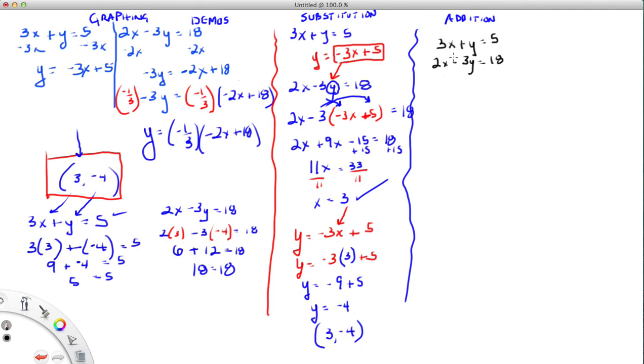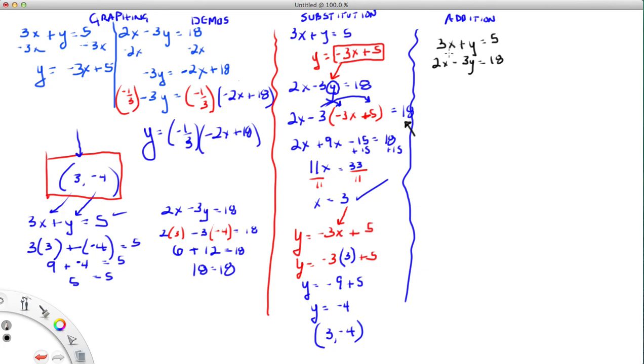So what we're going to do is add these two equations together. But we want to add them so we end up with the same result that we had over here: one equation with one unknown. I want one of the variables to drop out, so I'm left with one equation with one unknown.